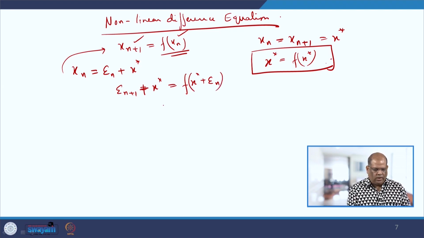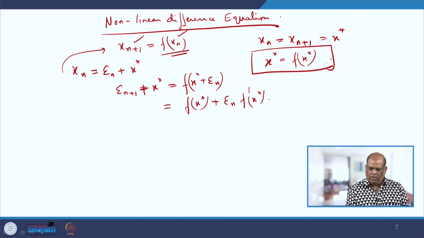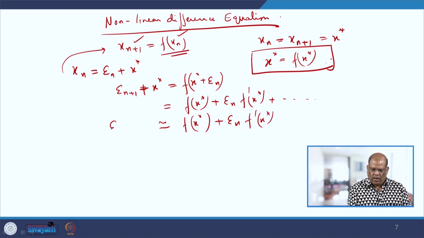And by Taylor series expansion, this is equal to f of x star plus epsilon n f dash x star plus higher order terms. We keep up to the first order. So, as epsilon n is small, f of x star plus epsilon n f dash x star is epsilon n plus 1 plus x star.